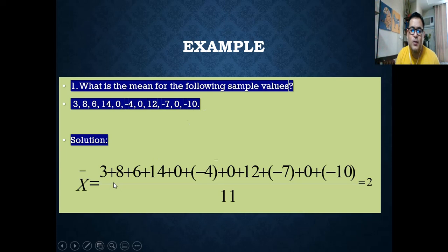When I speak of summation, you just have to add them and find the sum. Then divide by the number of observations. How many? 1, 2, 3, 4, 5, 6, 7, 8, 9, 10, 11. So we divide by 11 observations and we find that the mean of these sample values is 2. So it's very easy.